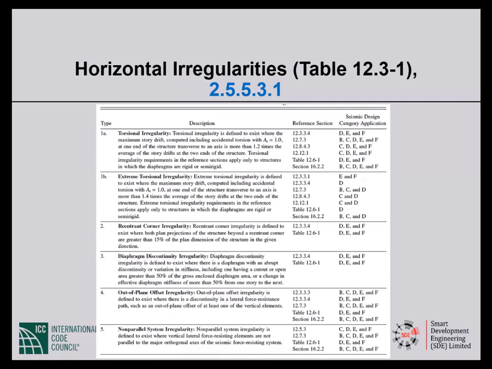So you have this problem, you have to comply with all those requirements. If you have diaphragm discontinuity irregularity, you have to comply with those requirements, only 2 as opposed to 6 here. Okay, so we are told exactly what we have to do, and this is what I want to take a look at with you.